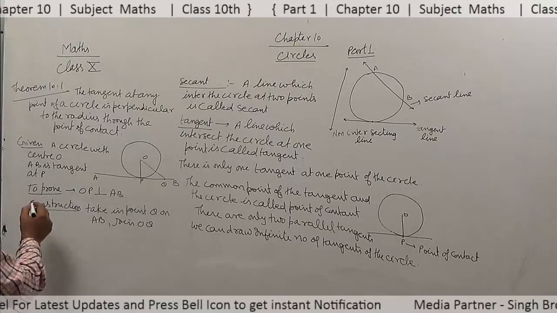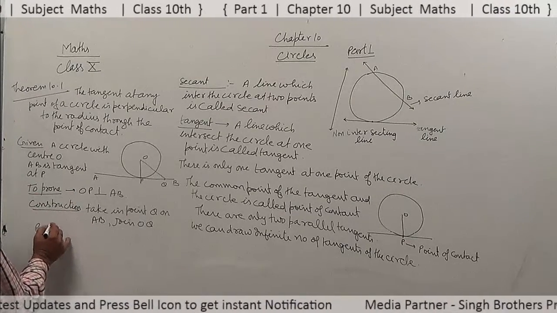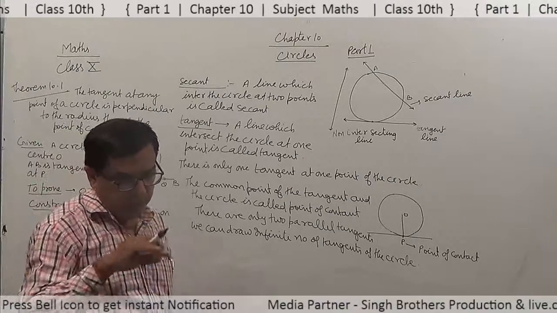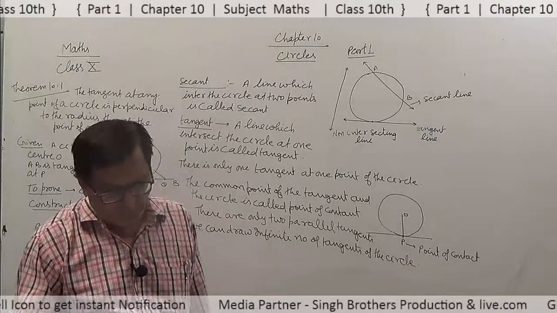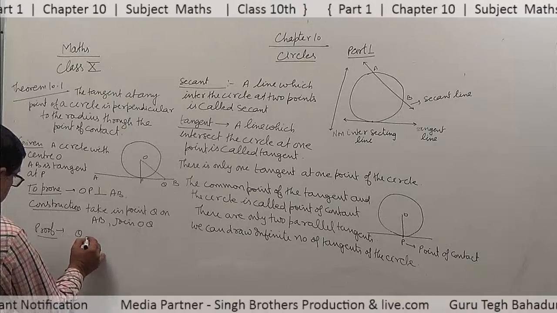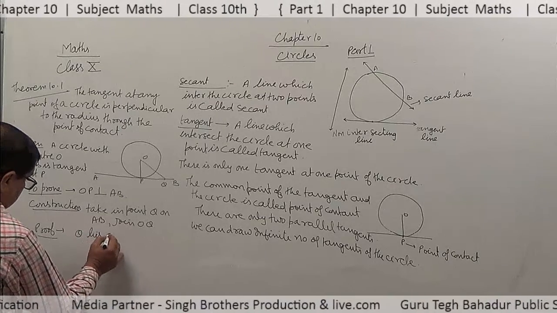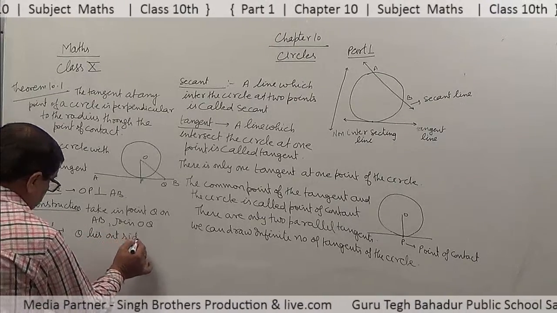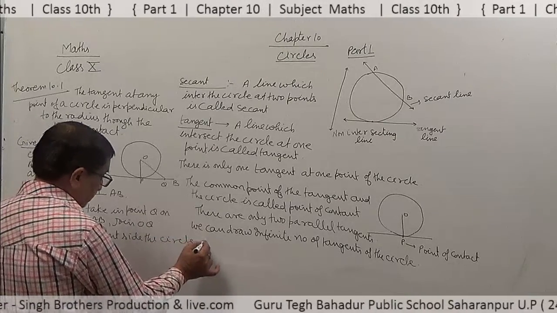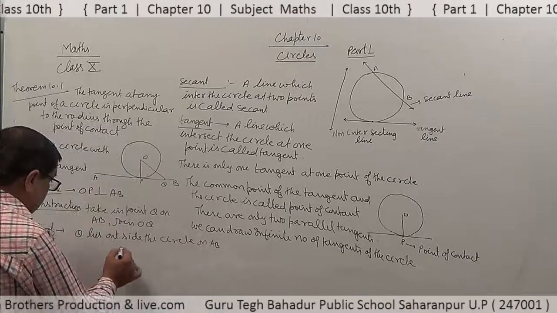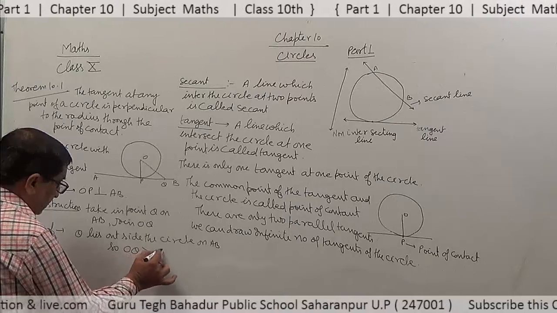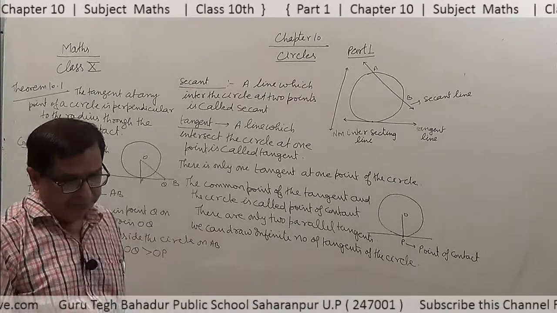Proof: Q lies outside the circle on AB, so OQ is greater than OP.